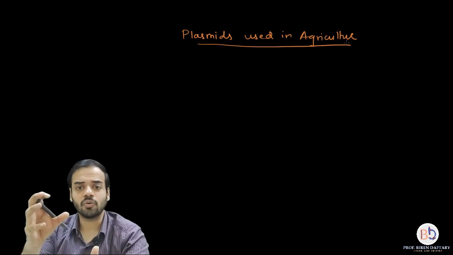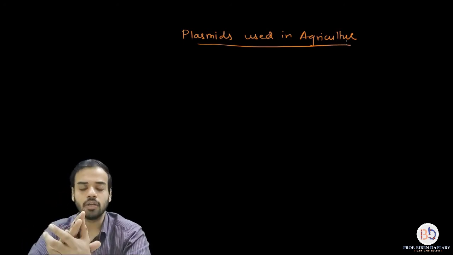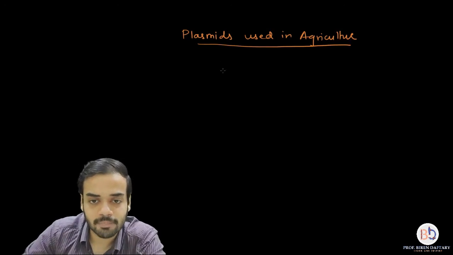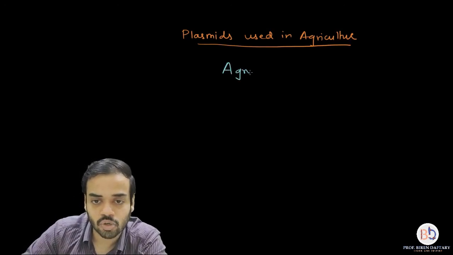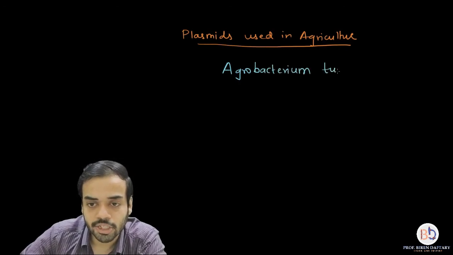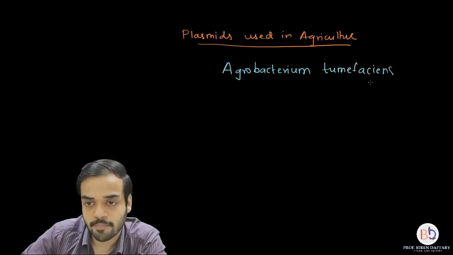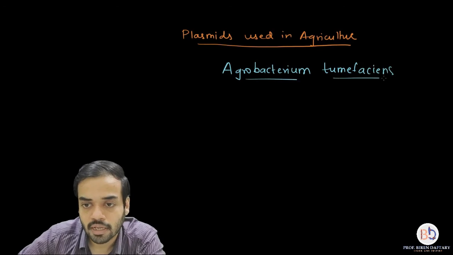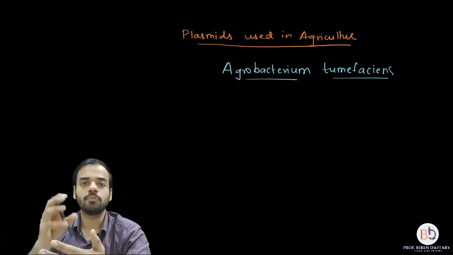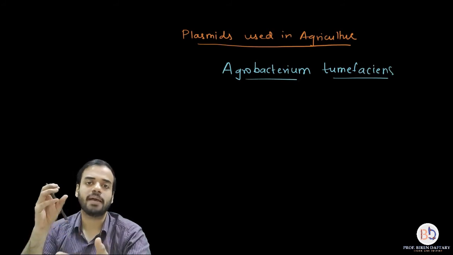Now let us take an example. I'm going to write the name of a bacterium, and the name of that bacterium is Agrobacterium tumefaciens. Very important name to remember. Agrobacterium tumefaciens is the name of a bacterium.